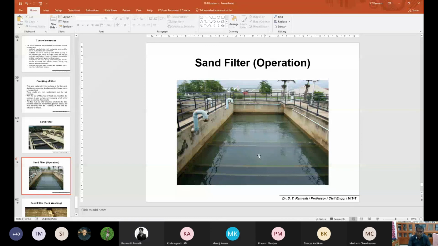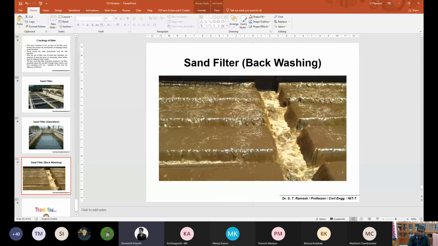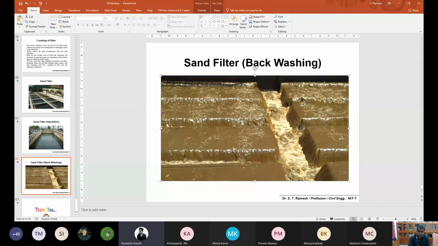During operation, you allow the water to pass from top to bottom. During cleaning, you allow pressurized water to flow from bottom to top, whereby the material is carried to the top and collected through the wash water troughs. Now you could see here, these are wash water troughs.